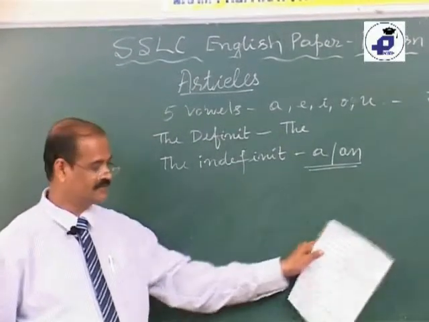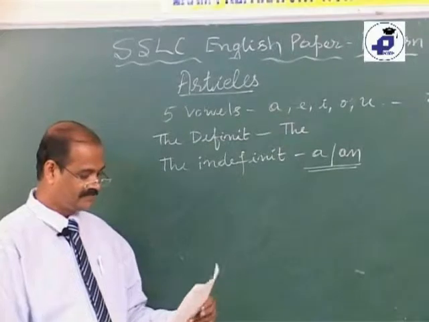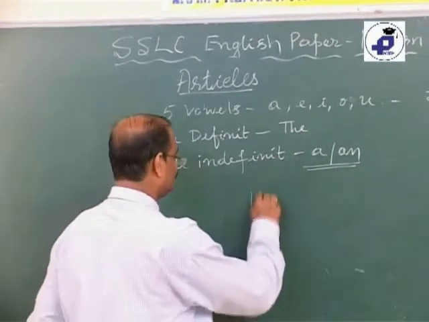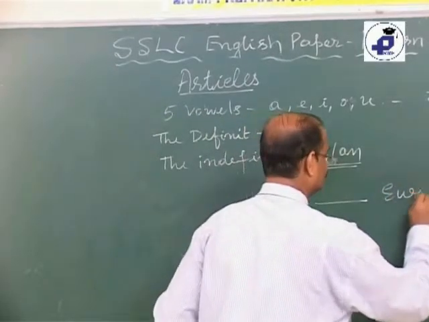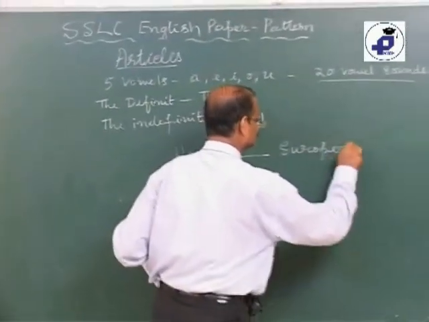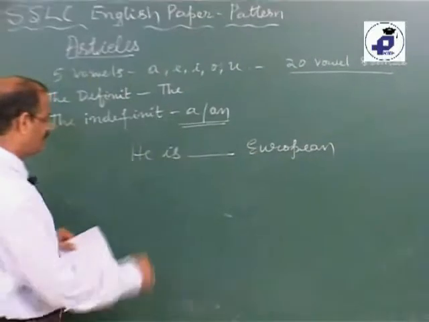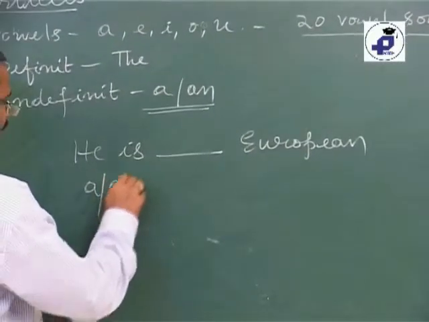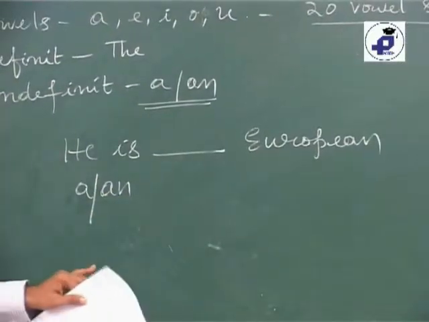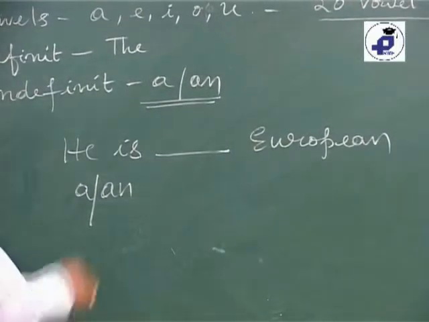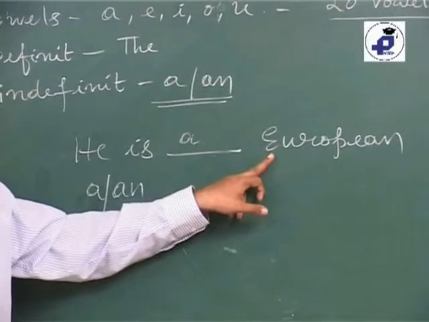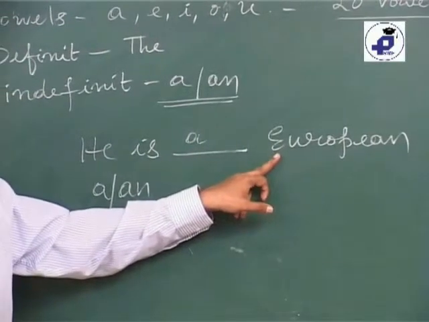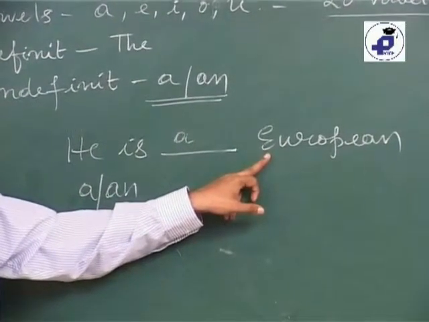A sentence will be given. For example, 'He is dash European.' Now you will be asked to write a or an. Generally we have found that most of the students fill in 'an' here, thinking that the letter E is a vowel letter, but E doesn't produce a vowel sound.